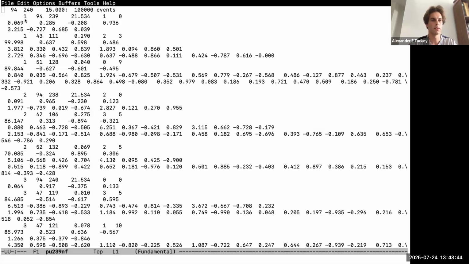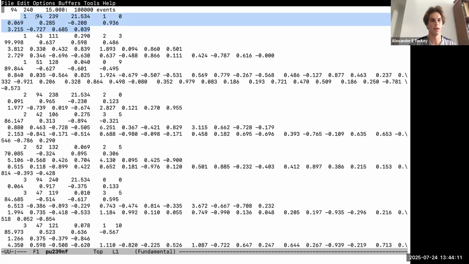So our first event is specified by this 1 in the beginning of the line, and it continues all the way until the 2 for the second event. Let's see if I can highlight this. Okay. So this is the first section of the first event, which contains the information for the fissioning nucleus.